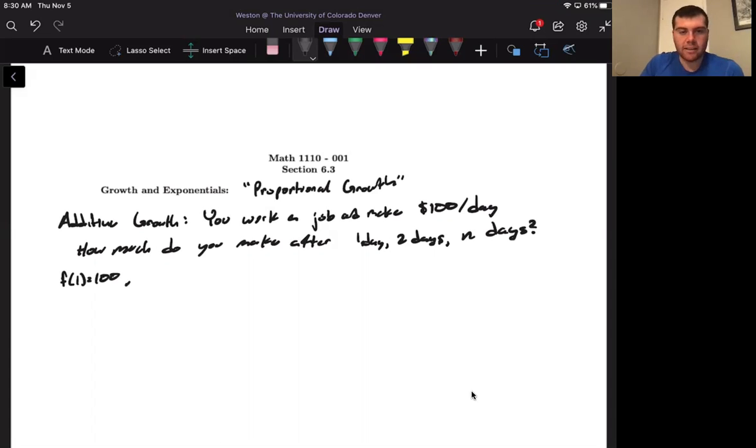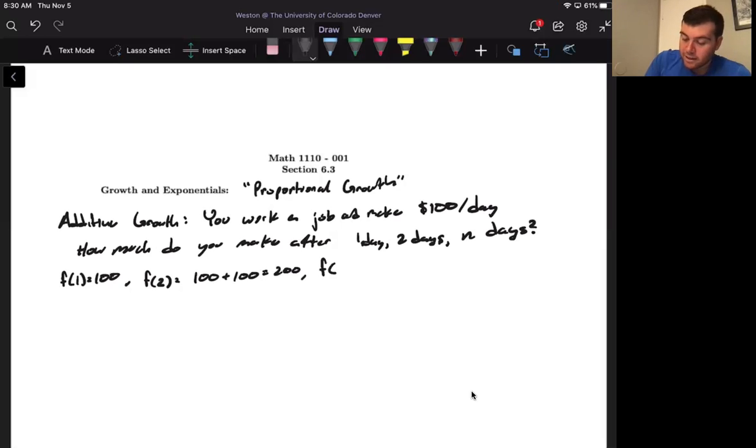The next day, we've done 2 days of work. So f of 2 is the amount we've made on 2 days, which is 100 plus 100. And so that's 200.